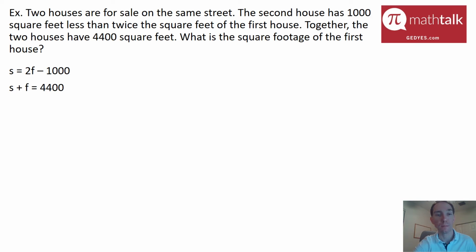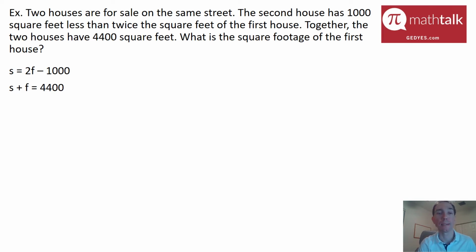All right. Then they ask what's the square footage of the first house. So this is an example of where they give us 2 equations, and I can use what's called substitution. It's the first thing that comes to mind for me, because they give us an example of one variable equals some expression involving the other variable.